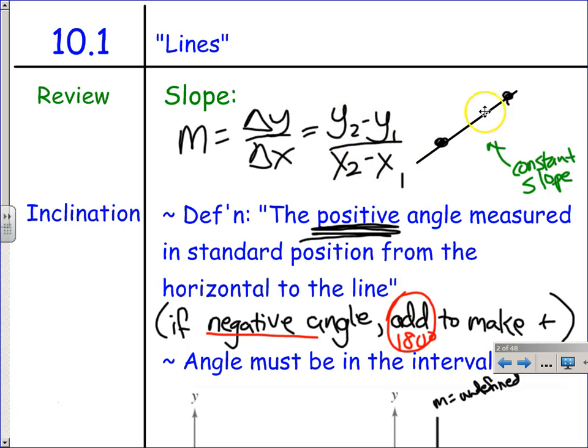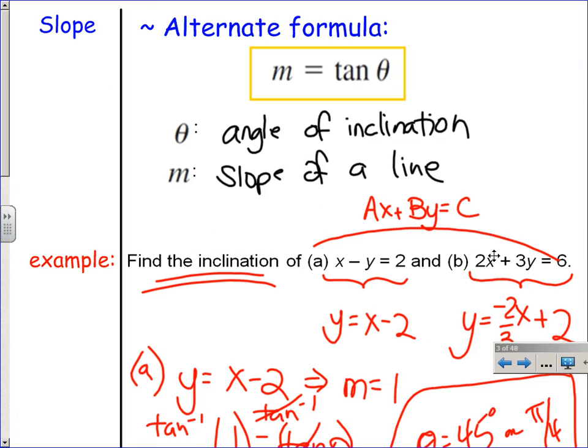Choose any 2 points and subtract and take a fraction and you're good. But as soon as we get to curves and we're talking about slopes at curves and rates at curves, it starts to get really tricky unless we understand that slope and tangents are tied together. Anyway, we'll stop for right now as far as that relationship. But inclination is a new one, and tangent being related to slope is a new one.